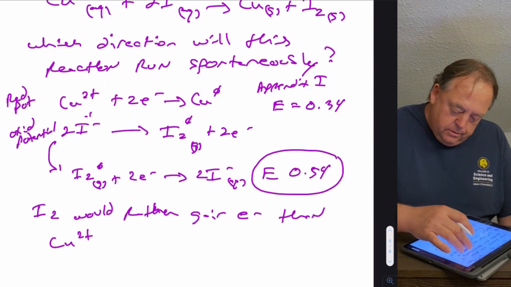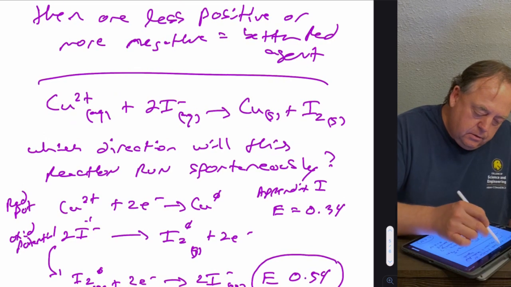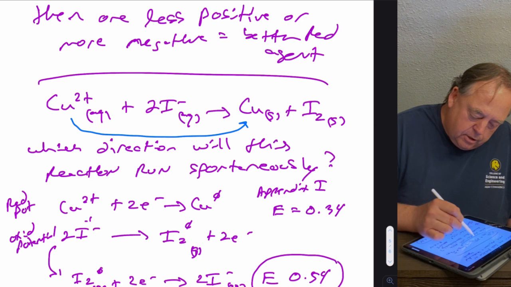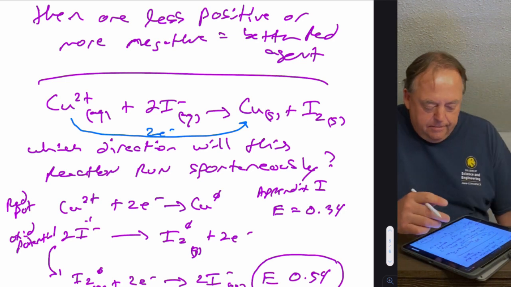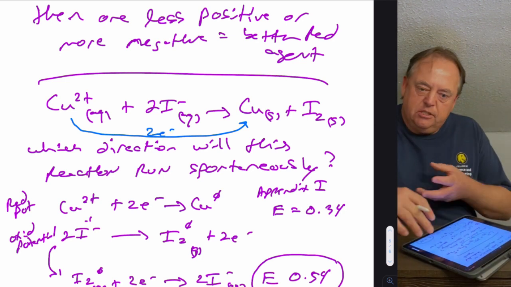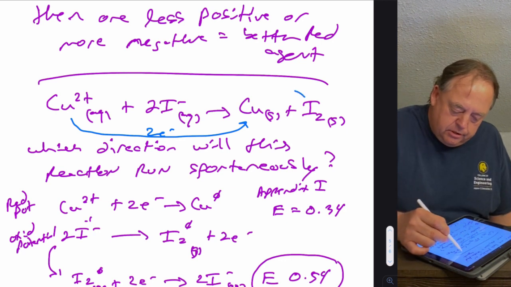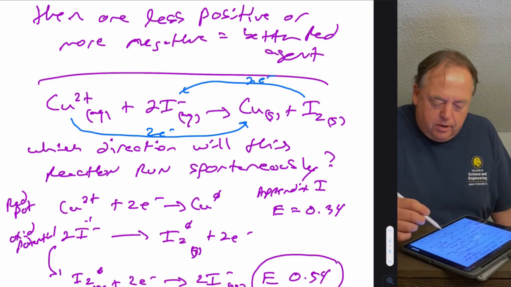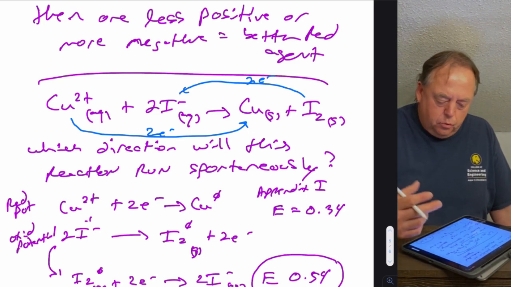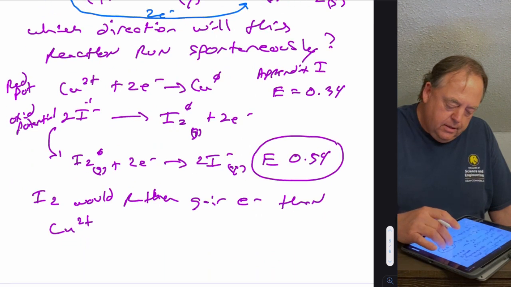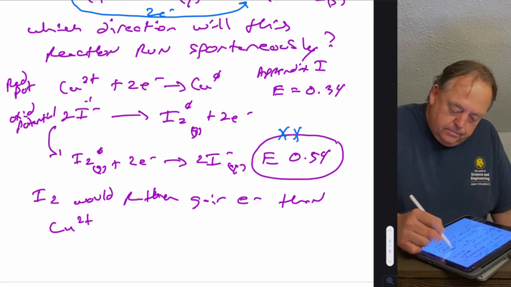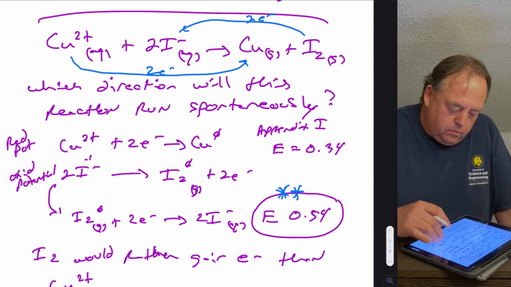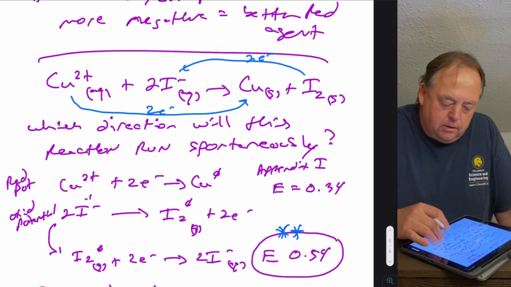Okay, so if we go back to the reaction, copper 2 plus plus 2 electrons to become copper 0 would be if the reaction proceeds right to left, and if the reaction proceeds left to right, then I2 gains 2 electrons to become I minus. So which of those two processes is more favorable? Well, this right here. I2 plus 2 electrons to become 2I minus is more favorable than copper 2 plus plus 2 electrons to become copper 0.